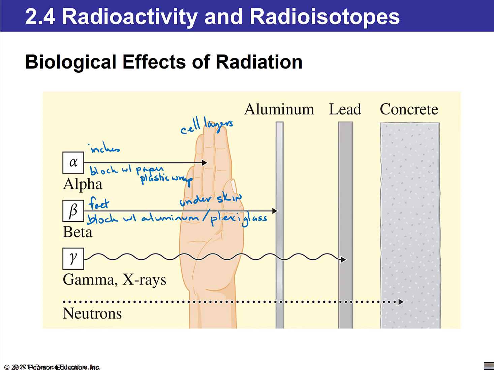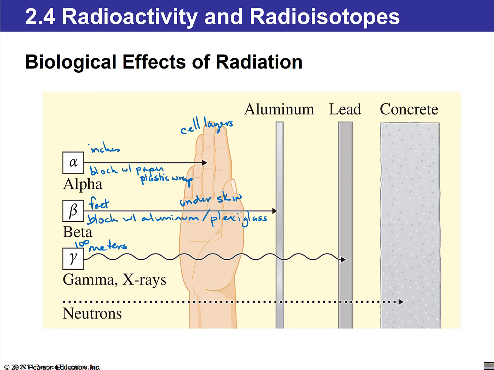But gamma rays and X-rays, remember, there's no particle. These have the highest amount of energy. These can travel 100 meters or more, a much further distance. They actually pass straight through you. Gamma rays pass straight through you.